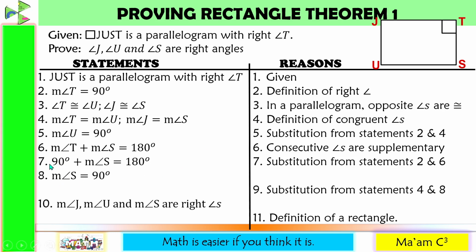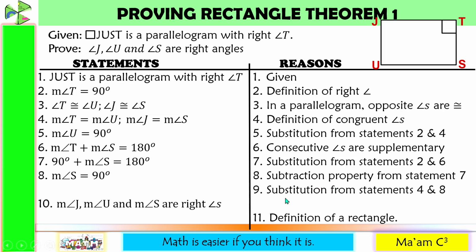If we move 90 degrees to this side, it will become 180 degrees minus 90 degrees. And that is equal to 90 degrees. So, the measurement of angle S is equal to 90 degrees. And our reason will be subtraction property from statement 7. We subtract 90 from 180.